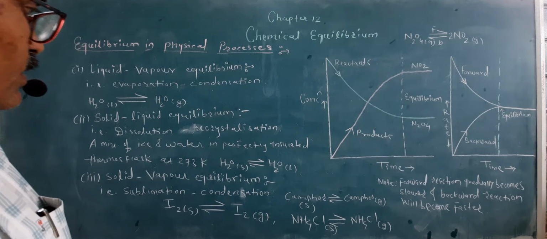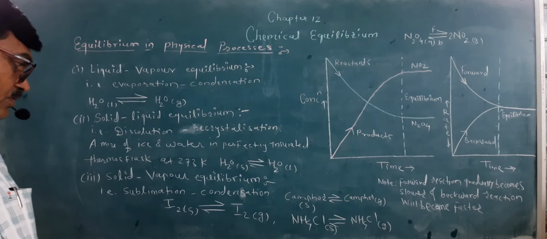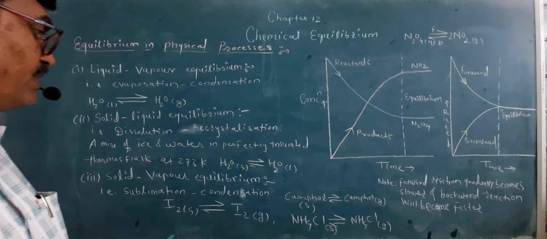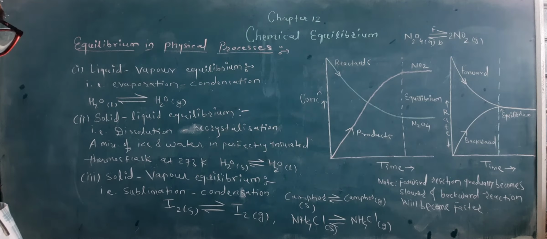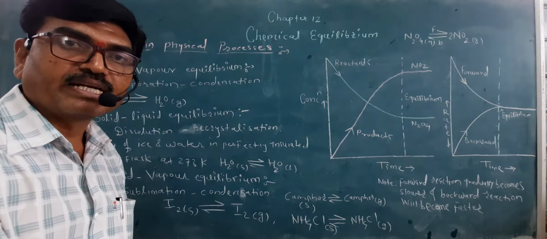Furthermore, see solid vapor equilibrium. In this case, we know the sublimation reaction. Sublimation condensation is an example of solid vapor equilibrium. Iodine undergoes the sublimation reaction, as we have already seen.